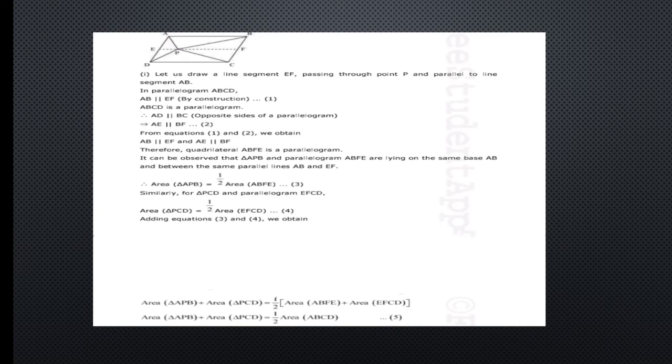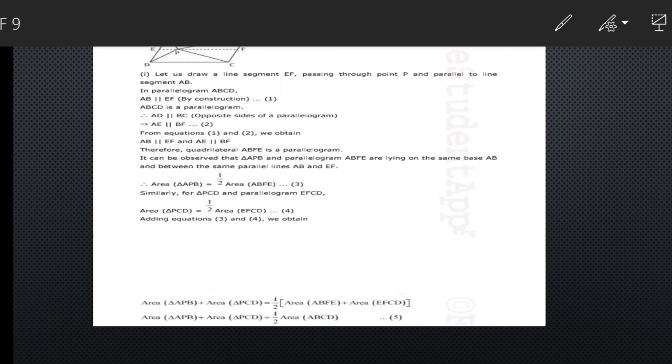So in this parallelogram ABCD, AB is parallel to EF by our construction, and ABCD is a parallelogram, which implies AD is parallel to BC. So together from this we can get that AE is parallel to BF. That is, a part of a parallel line is parallel to each other.